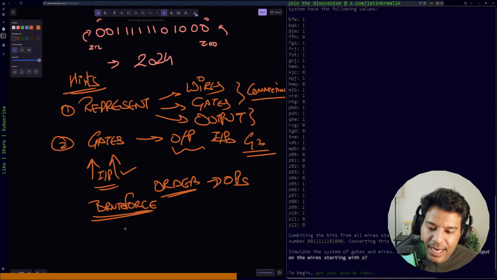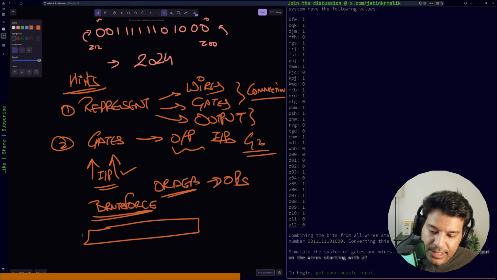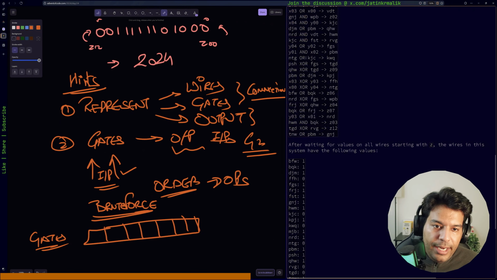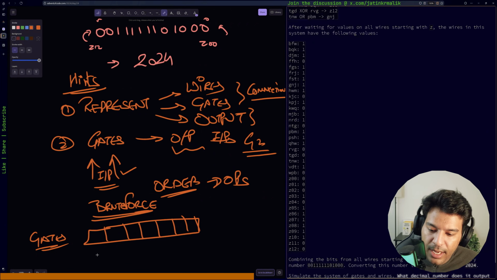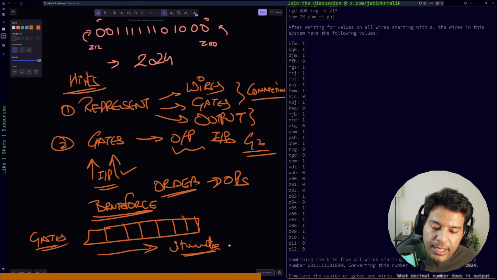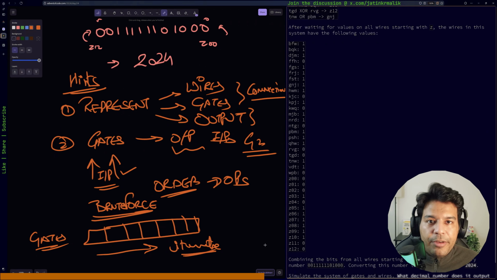Then you can iterate on top of these gate operations. You can assign each entry that is given into a gate, and then iterate multiple times till you don't have any gate where the input and output are not available.